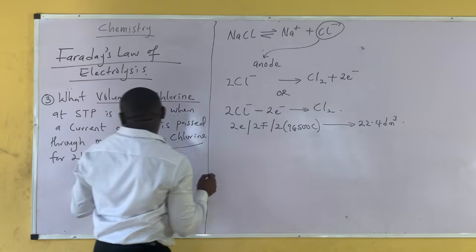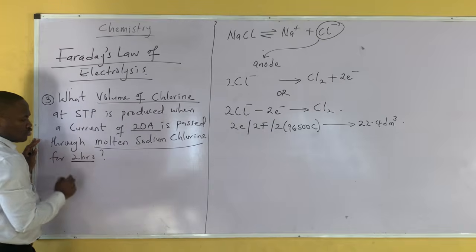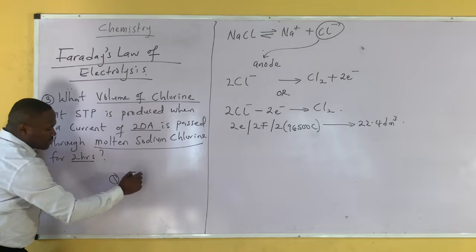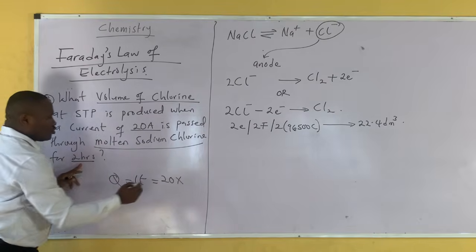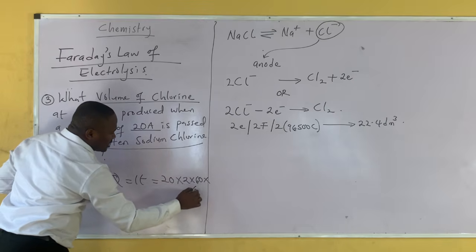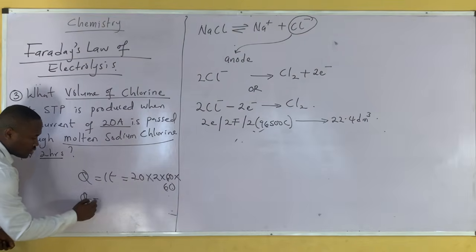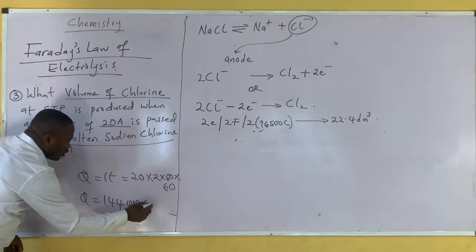So now the question is this current, which is my I, for 2 hours. Remember Q equals IT, which equals 20 times 2 times 60 times 60. So this will be equal to 144,000 coulombs.